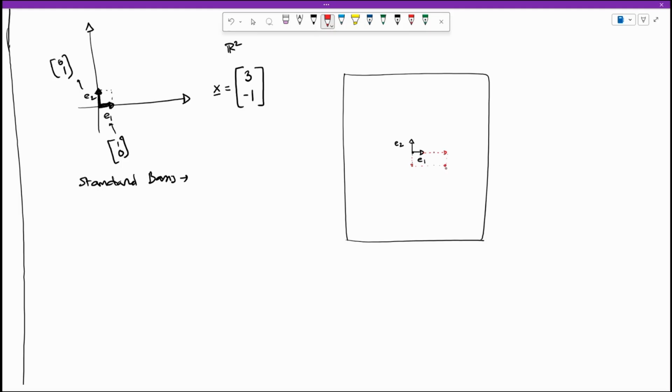It means this is my vector x. You can call this the x-axis and the y-axis if you assume that the first standard basis vector represents the x-axis and the second basis vector represents the y-axis. But in linear algebra, we should try and get away from that language.